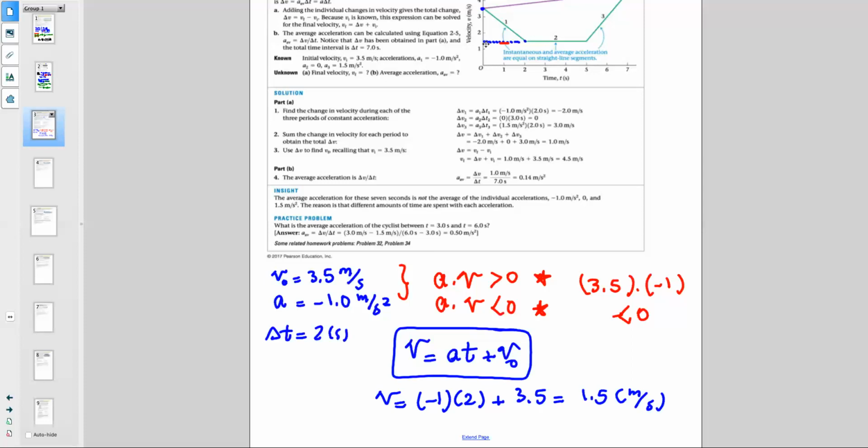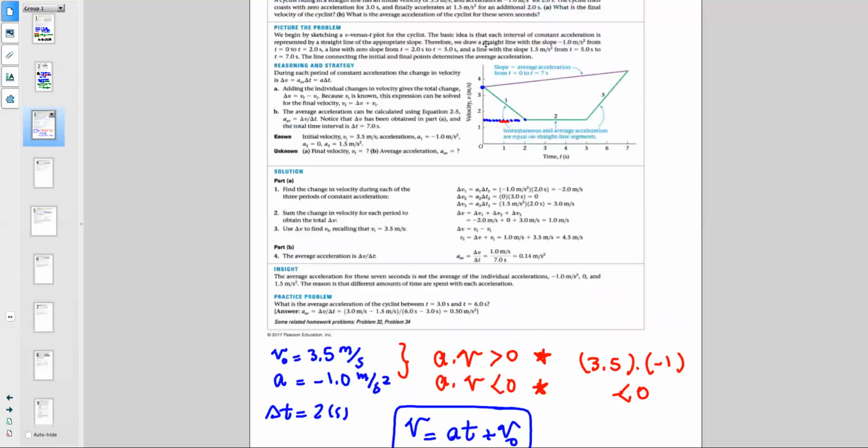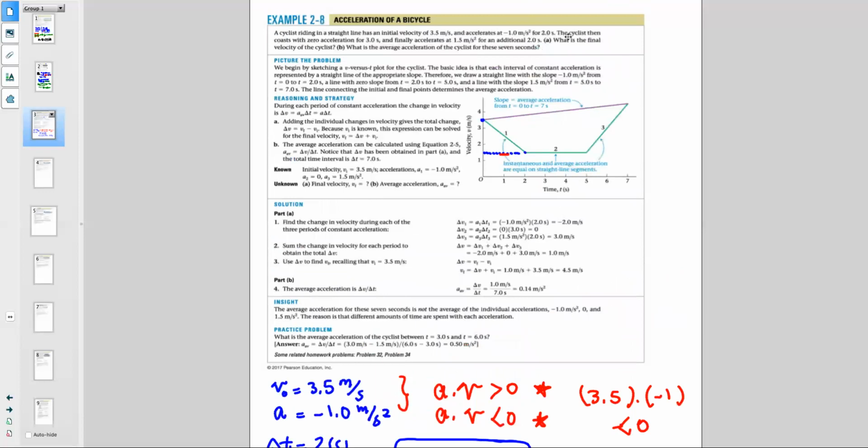Now, the second part of the problem says the cyclist then goes with 0 acceleration. So the velocity is not going to change at all. It will stay the same through this motion, from 2 seconds, 3 seconds, 4, 5.